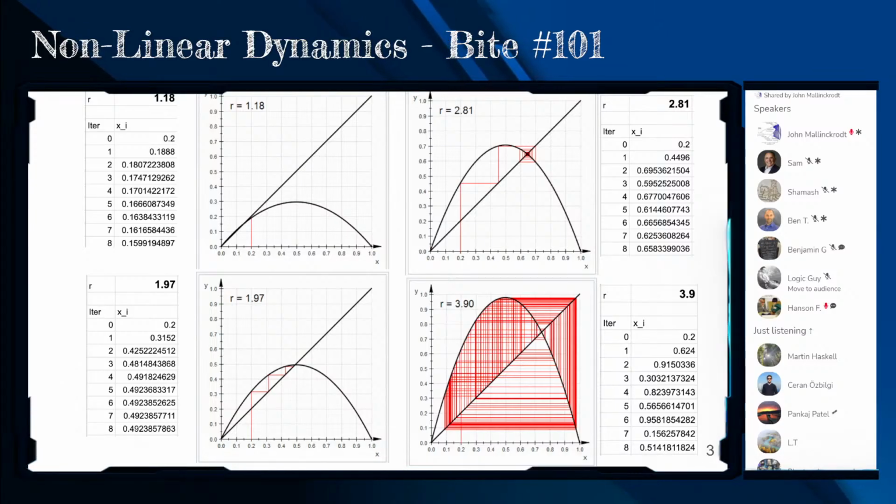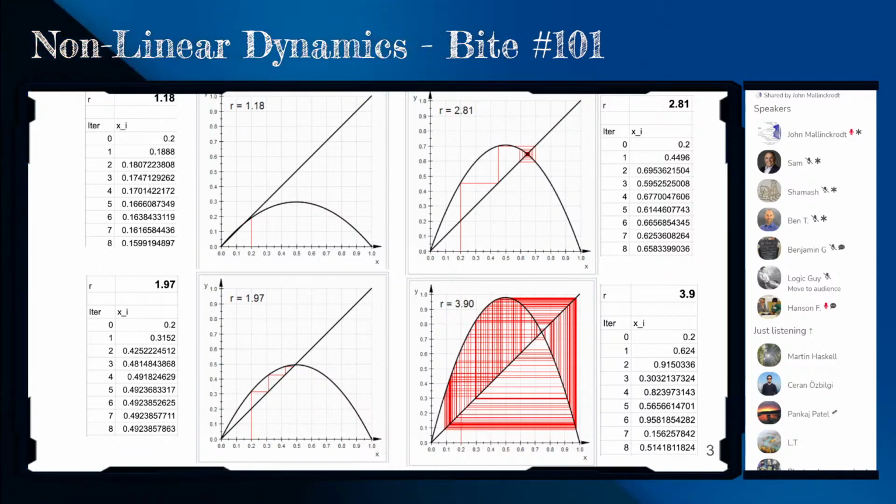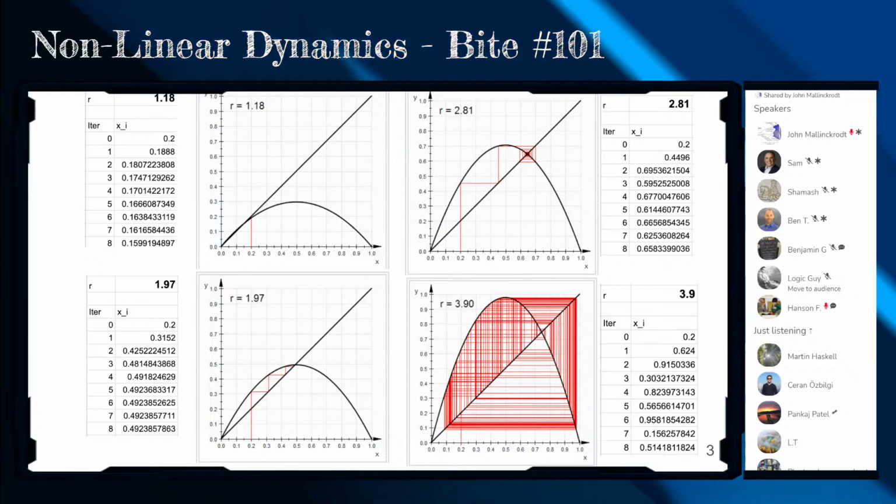So with an r value less than 1, the sequence simply dies out to 0. The fixed point is 0. That's the only place where the function and y equal x are the same, and that's what you get.